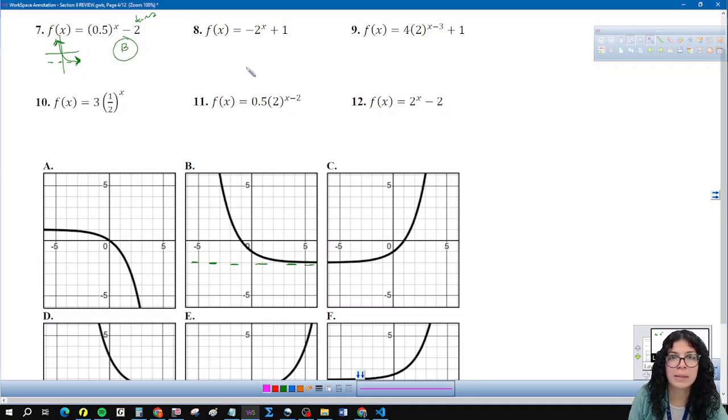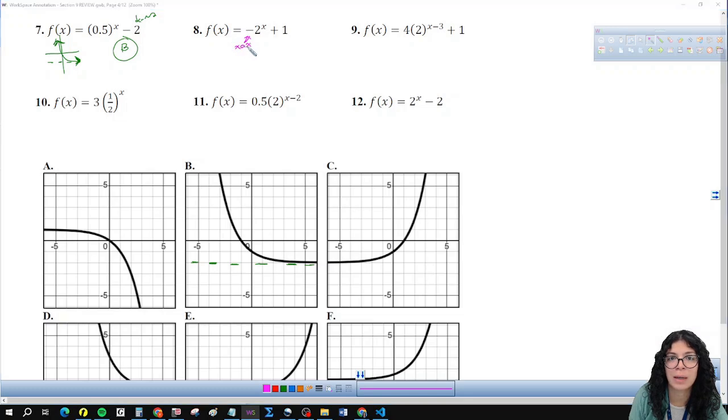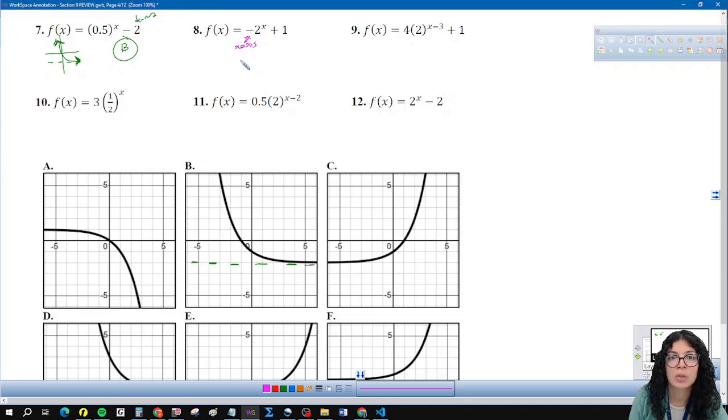Next, number 8. Notice that we have 2 to the x, which normally would look like growth. However, with this negative on the outside, we are reflecting over the x-axis because we're changing the sign of the y value. So we start with a growth graph, right? However, it is reflected over the x-axis, so it will look like this.